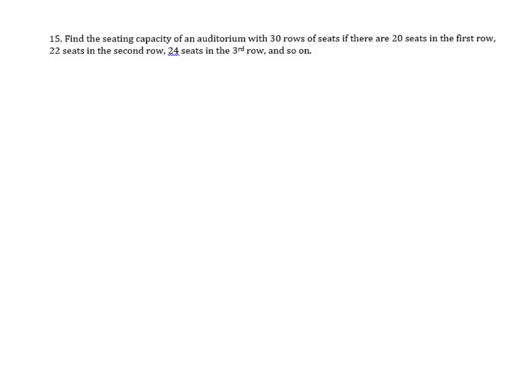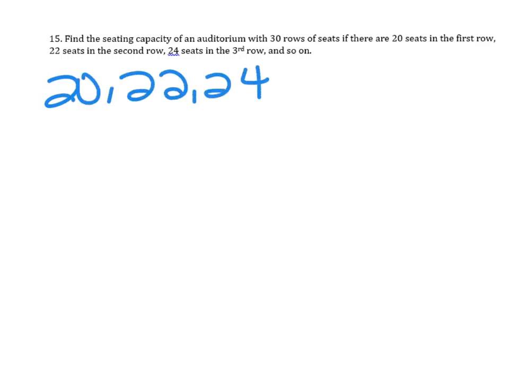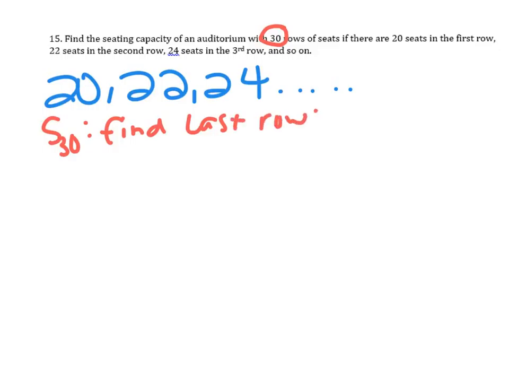Last problem. I want to find the seating capacity of an auditorium with 30 rows of seats. If there's 20 seats in the first row, 22 in the second, 24, and so on. Just like the last problem, if I want to find the sum of 30 rows, I need to find the last row. I need to find the 30th row. So we're going to have to do that first.